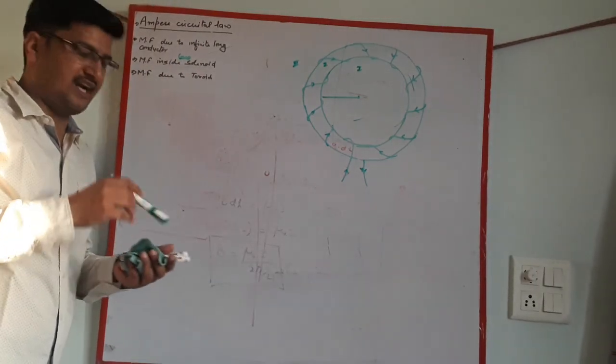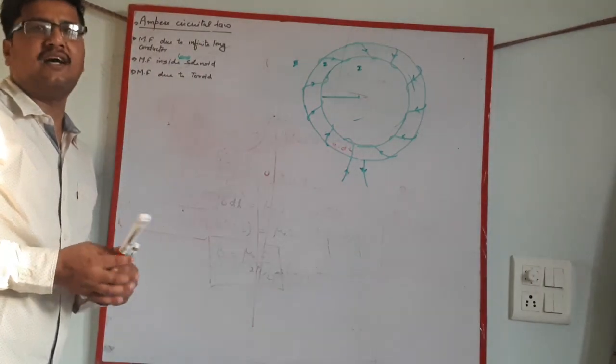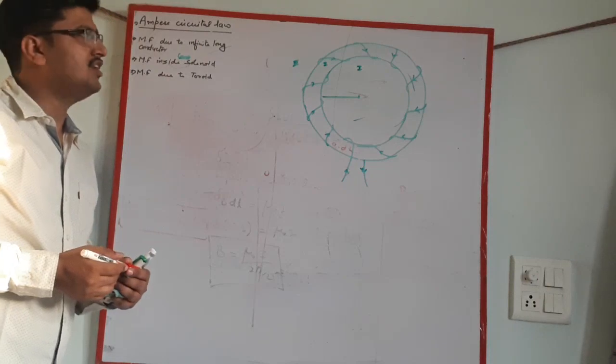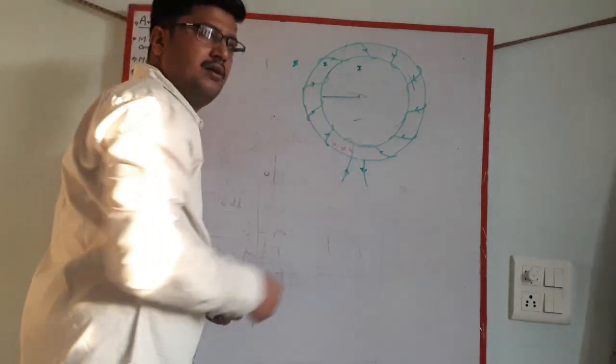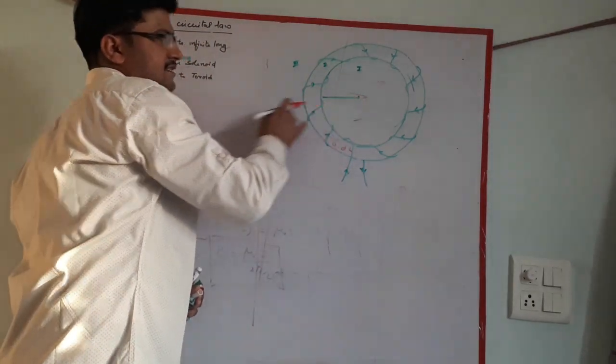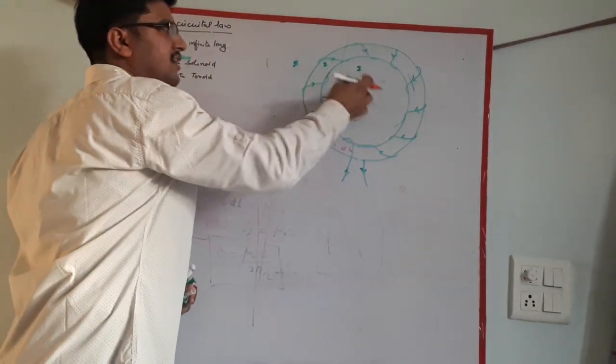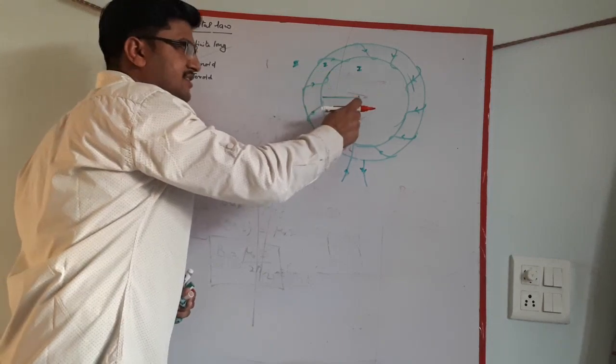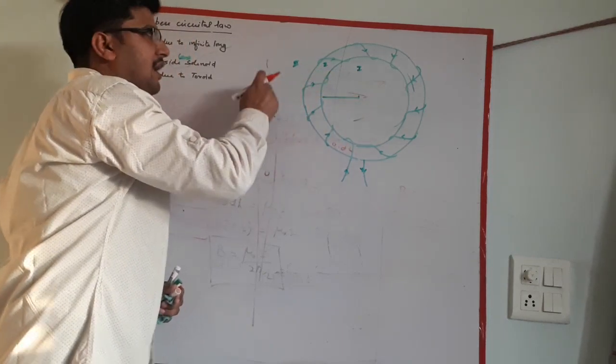To find the magnetic field due to a toroid, we have to consider three cases: case 1, the inner free space; case 2, inside the toroid; and case 3, the outside free space.